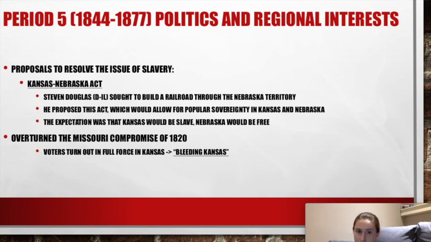because Nebraska and Kansas are above that Missouri line, as well as leading into Bleeding Kansas, in which we're going to have some people in Kansas who are pro-slavery and some people who oppose slavery.